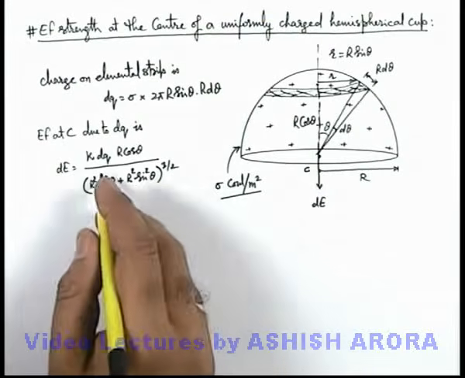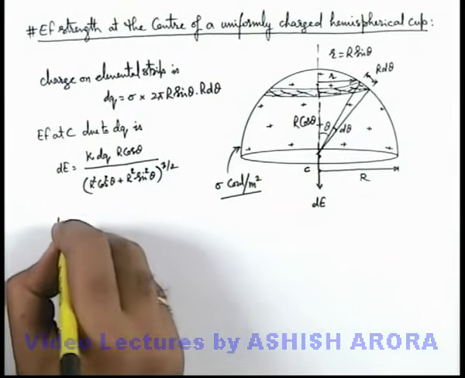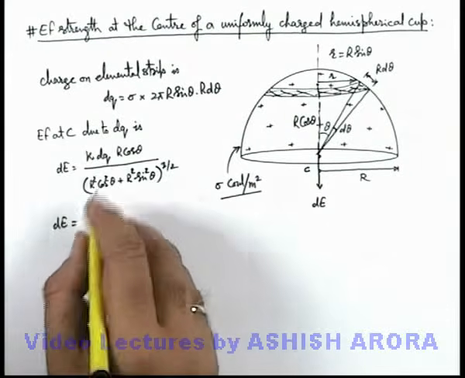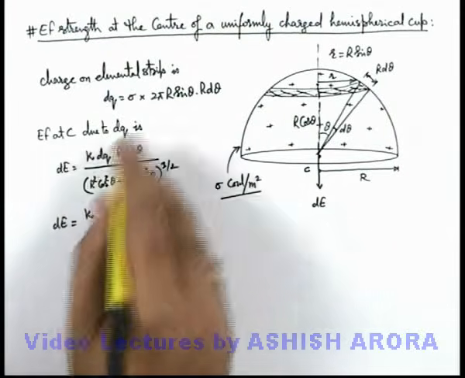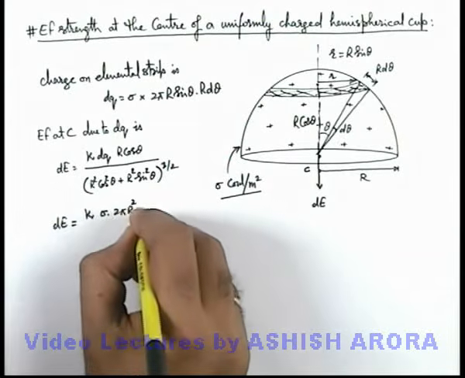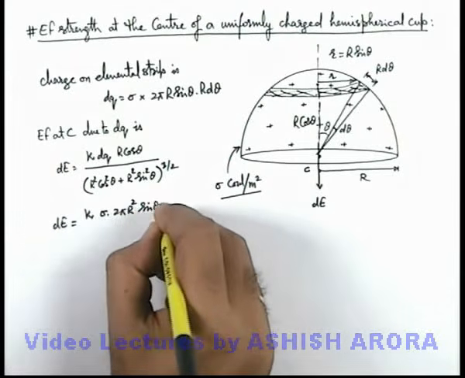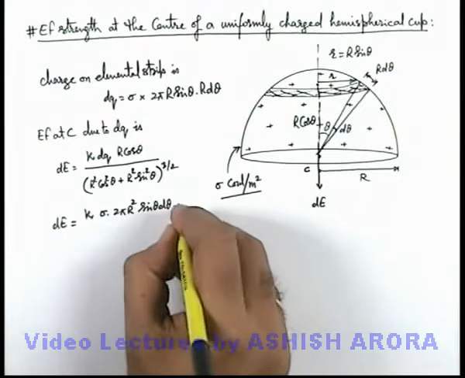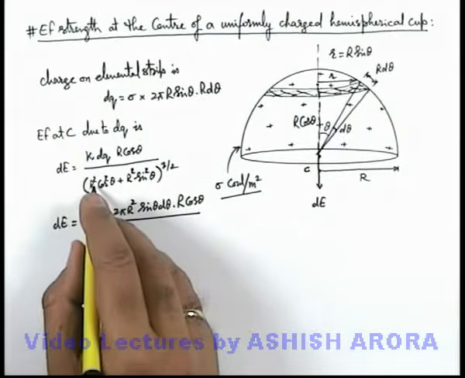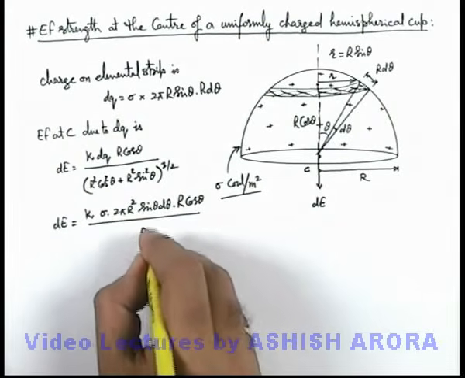Now in this situation, you can see the result of elemental electric field due to this element can be given as k dq. We can substitute as sigma into 2 pi r square sin theta d theta multiplied by r cos theta, and in denominator we can write this as r square to power 3 by 2 is r cube.